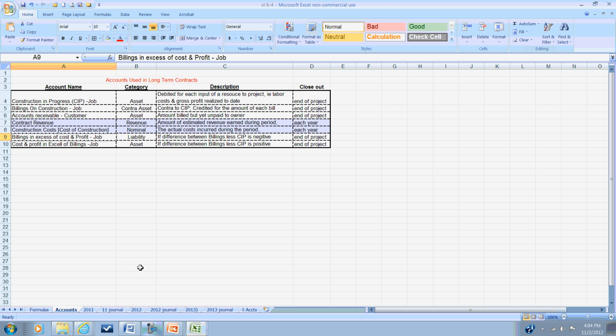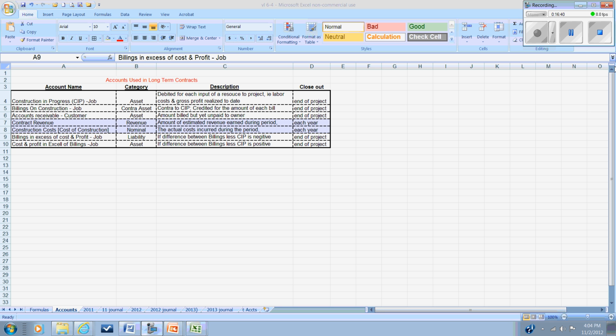We will have a similar asset account that is titled cost and profit in excess of billings. You can think of it like an inventory account.